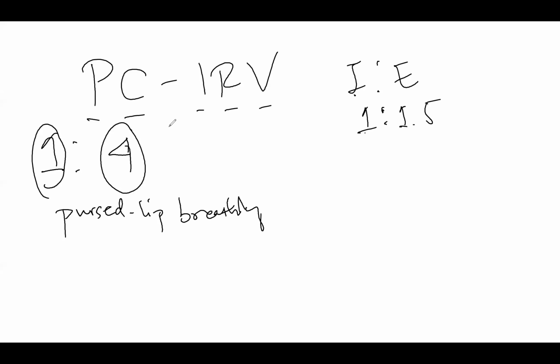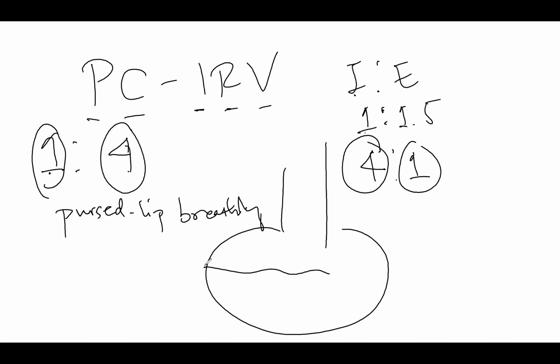So in ARDS patients, they now use inverse ratio. Instead of 1:4, what they'll do is 4:1. So the air is forced in over 4 seconds, and then they'll let the patient exhale for 1 second. So imagine what will happen to all that water in there.